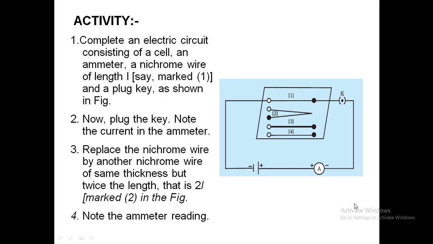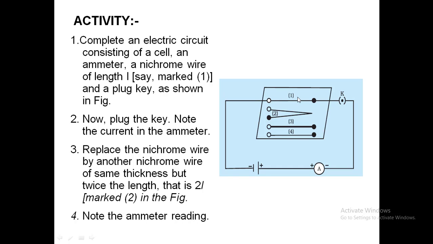For that, I am going to consider an electrical circuit consisting of an electric cell, an ammeter, a plug key and a nichrome wire. Now here in the rectangular box, you can see there are 4 different wires. What is the difference between them?